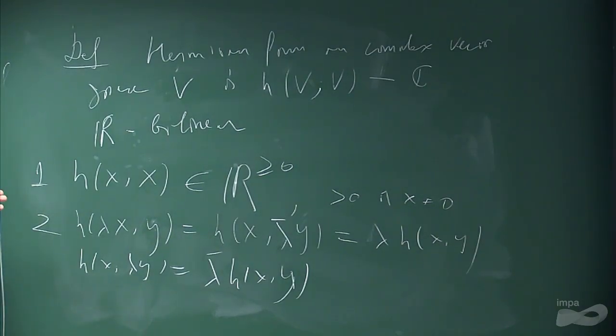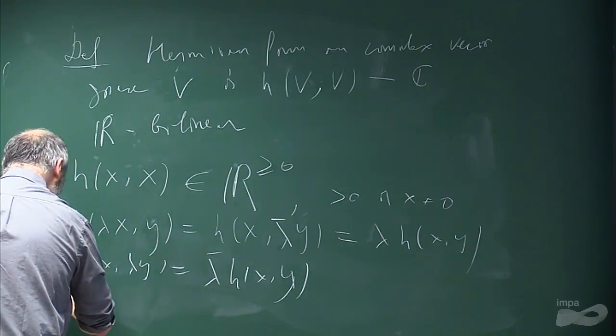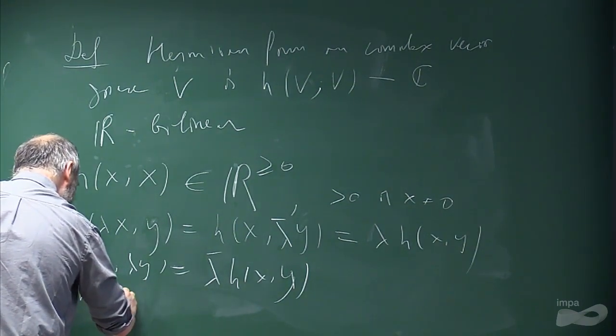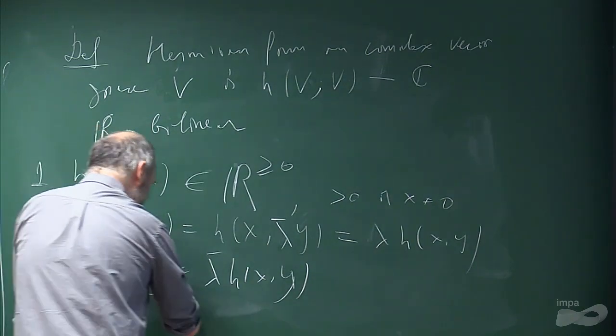So it is a Euclidean metric which has this nice complex property. It's also invariant under complex rotation.